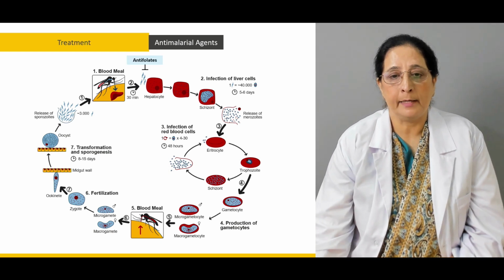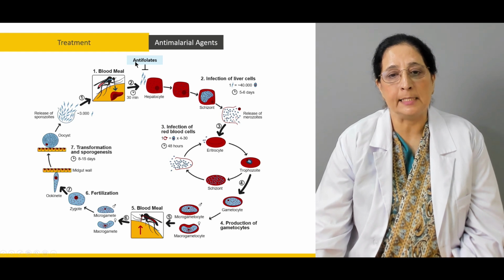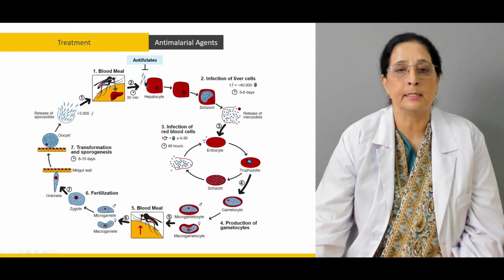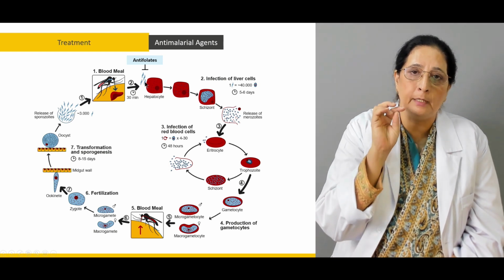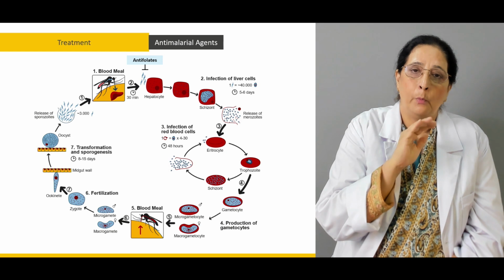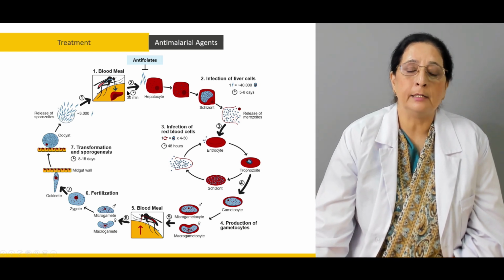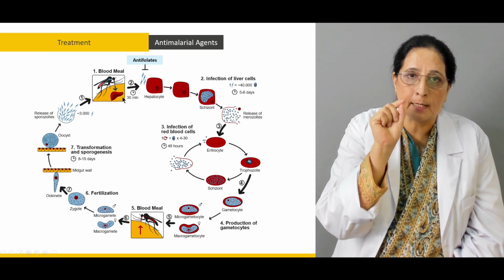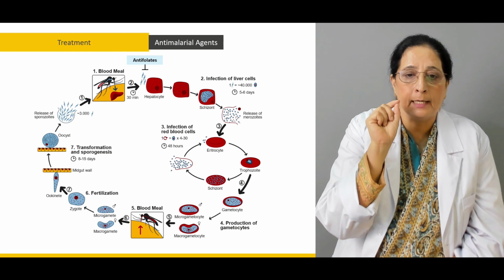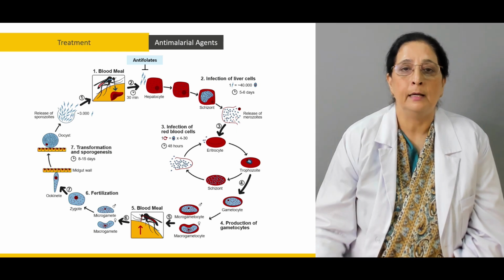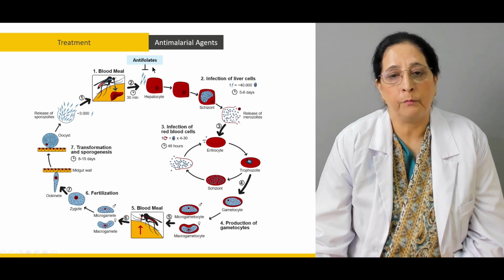So here at the first stage we have anti-folate drugs. These anti-folates function in the very initial phase, when the sporozoites enter into the human body with the bite of the mosquito, and they enter into the hepatocyte; at that level we have anti-folates.